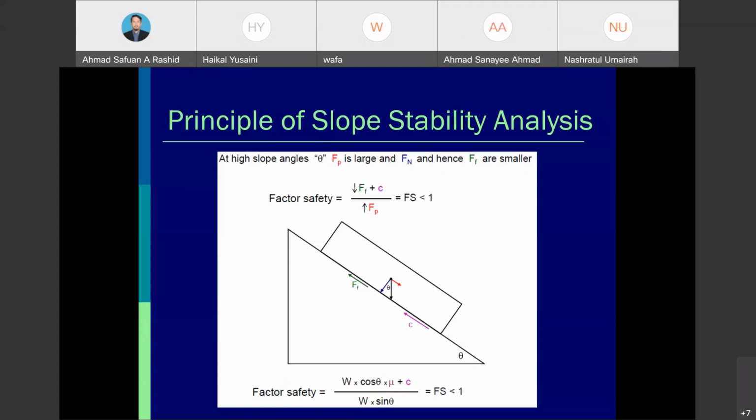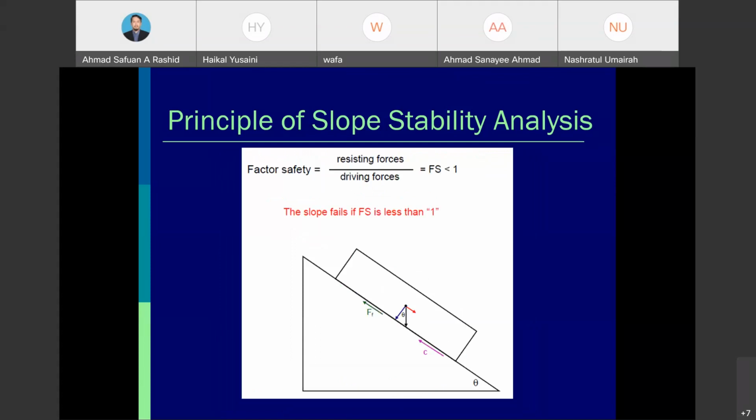To be on the safe side, we need to make sure that the gradient is as low as it can be, to make sure that the factor of safety is greater than 1.5. The slope fails if Fs is less than 1, but to be on the safe side, the Fs should be greater than 1.5, as I mentioned before.